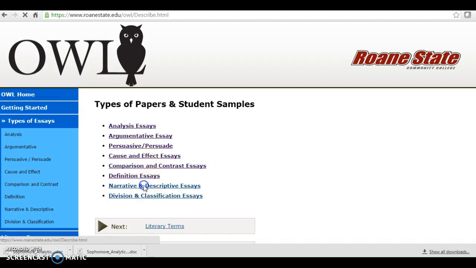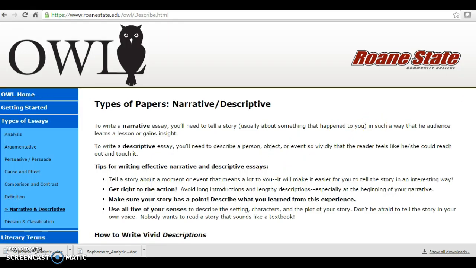Narrative is telling a story to explain a lesson, and description is where you describe something in a vivid way. Those may be other types of essays you may encounter.